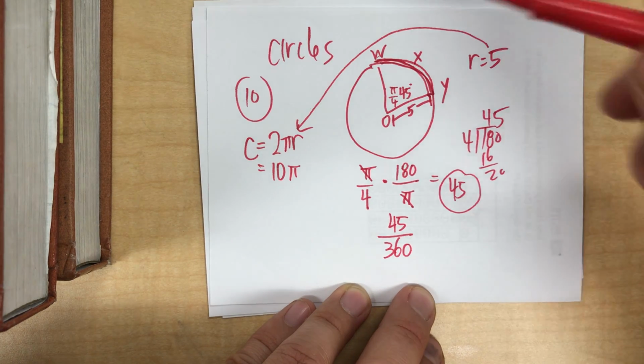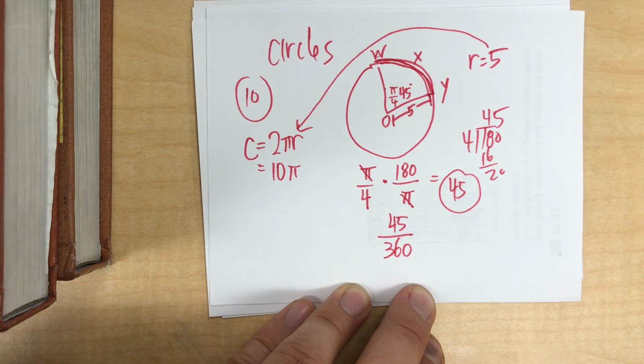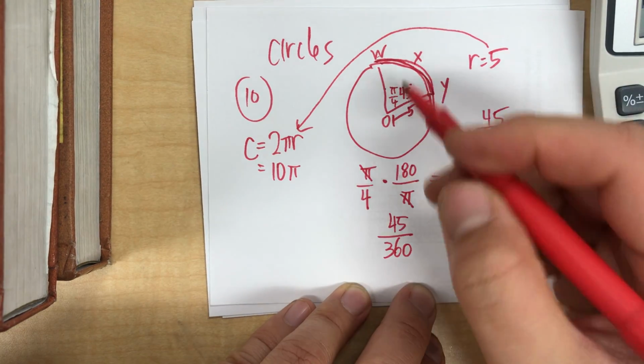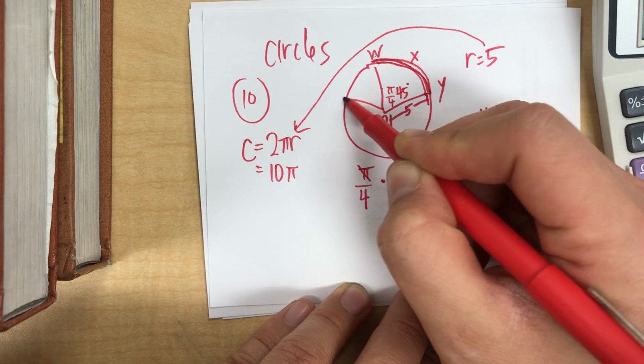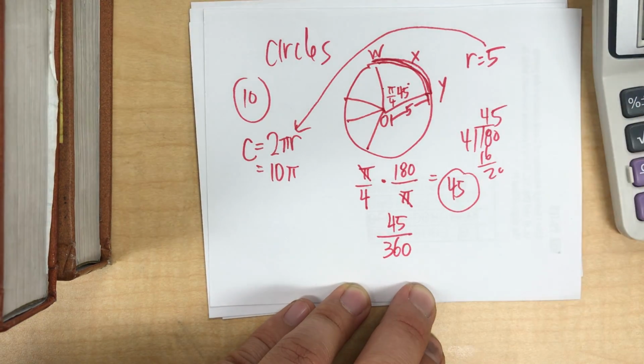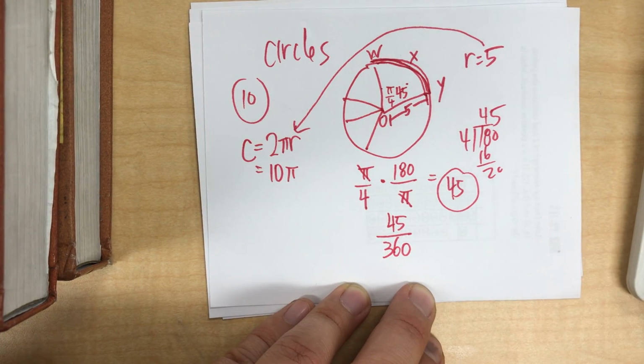So if I know that 45 goes into 360 8 times, and how I find that it's 8 is I'm just putting it into my calculator here. If you take 360 and divide it by 45, you will get 8.